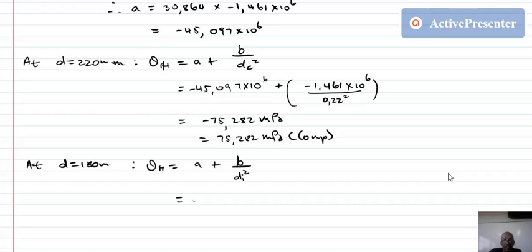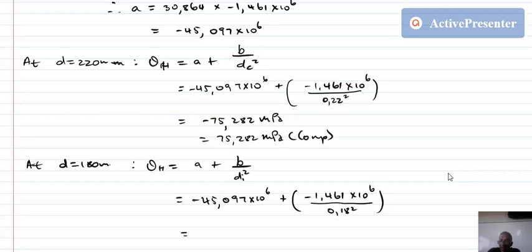Minus 45,097 × 10^6 plus B, which is minus 1,461 × 10^6 divided by 0.18 squared. Then the total hoop stress will give us minus 90.191 megapascal.